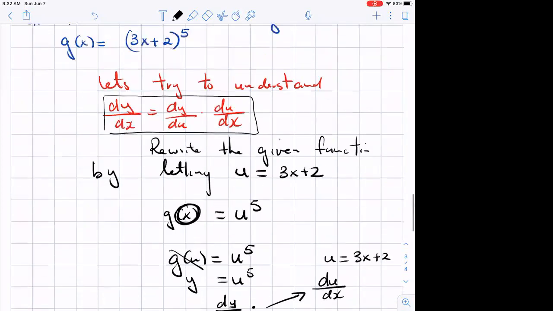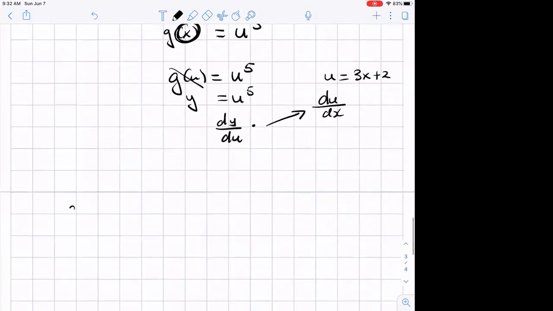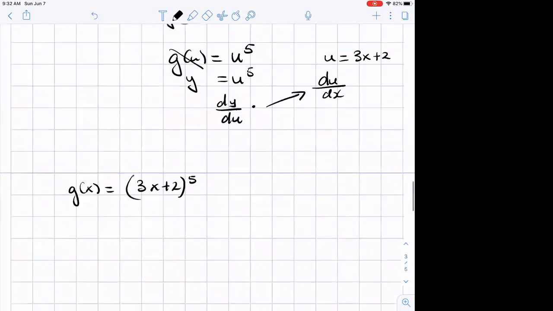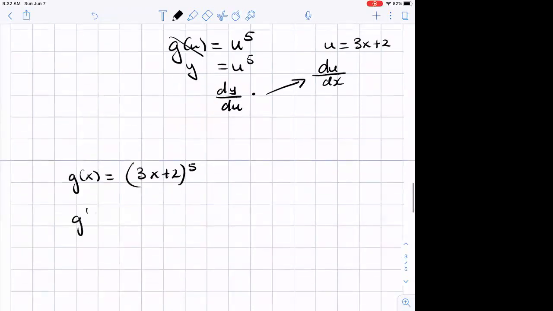We overlook this by saying, okay, why not just let g of x equal (3x plus 2) to the fifth? Let's use what we call the power rule. So g prime of x is equal to 5 times (3x plus 2) to the 5 minus 1.